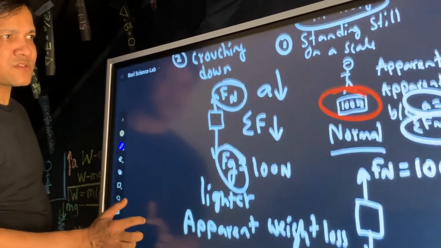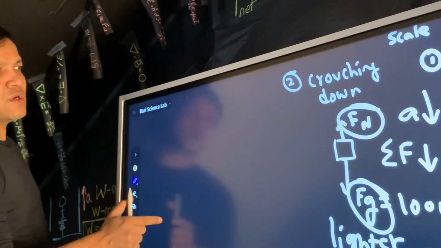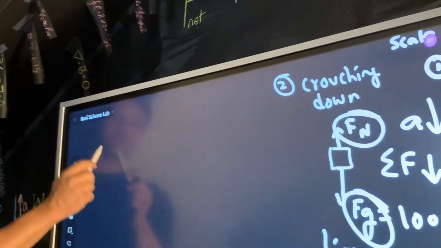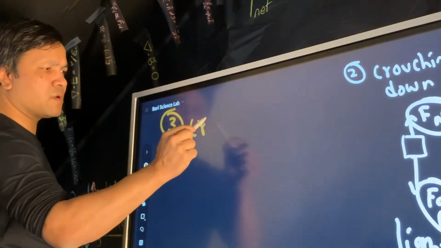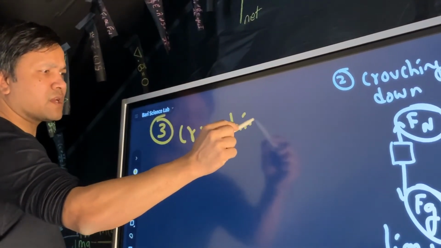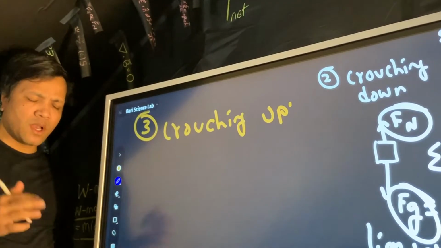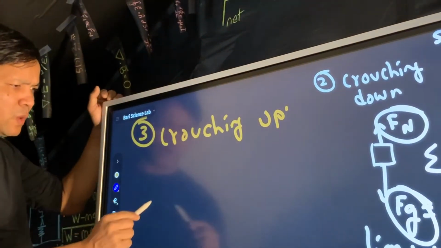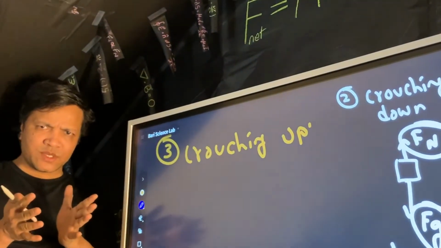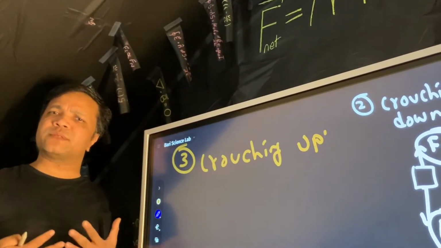Now I'm going to do the third scenario, scenario number 3, crouching up. When you crouch up, in order to move upward there has to be some acceleration.